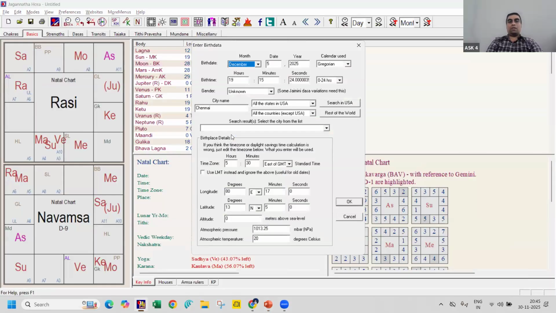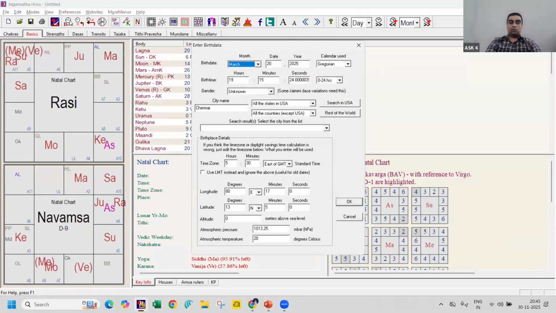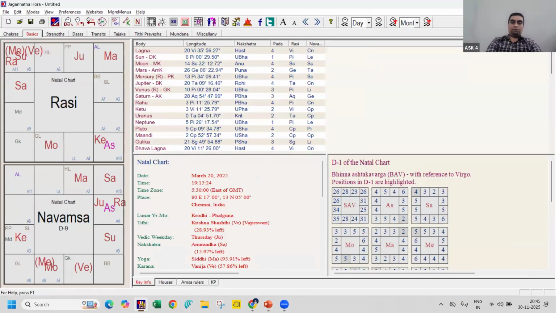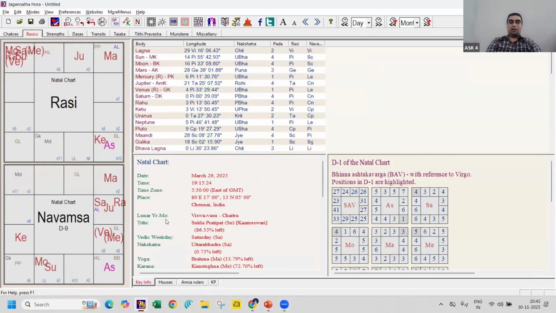So if you look at, say, sometime in March 2025, let's go to March 27, for example. Okay, so you see that the Chaitra month has started.